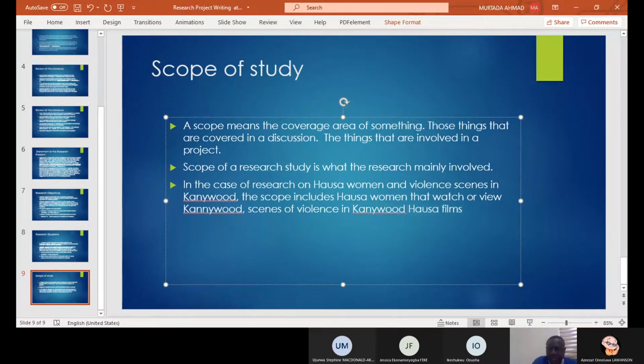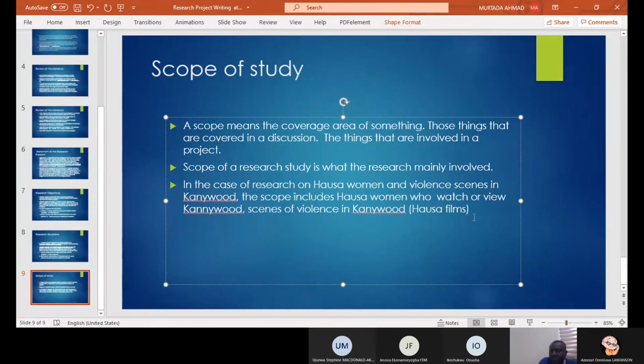What we mean by Kannywood is Hausa films. So, number one, Hausa women who watch or view Hausa films or Kannywood. That's one. Two, scenes of violence in Kannywood.